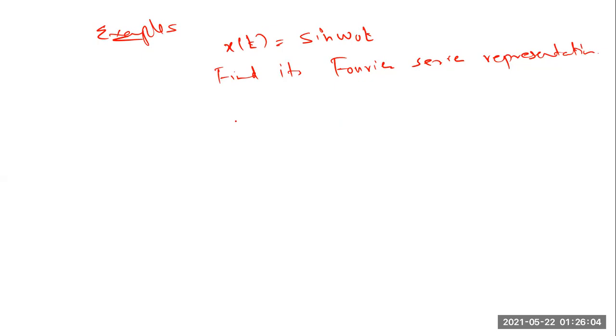Now, this is a very simple example, but as a general rule, whenever you are asked to find a Fourier series representation, you will start with this equation. You will say, if this signal has a Fourier series, it must look like this. And then the next thing that you will do is find a_k with the help of this equation.